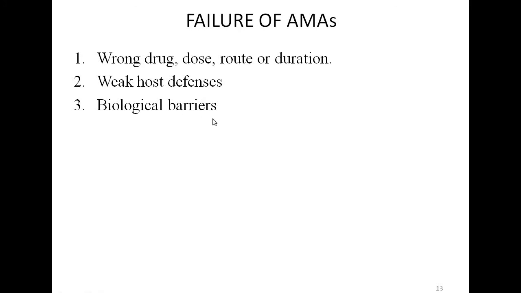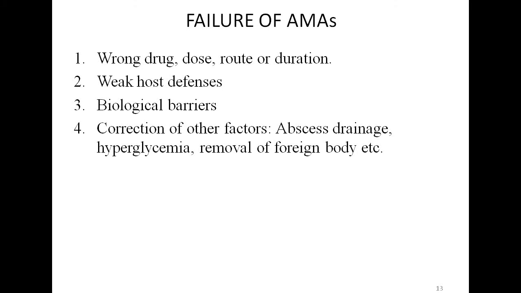Then of course we have biological barriers. Now let's say there is an infection in the brain. Many of the antibiotics do not cross the blood-brain barrier. So the blood-brain barrier has prevented the antibiotic from entering the brain. Now, there are many other factors. For example, an abscess is a pus-filled cavity.